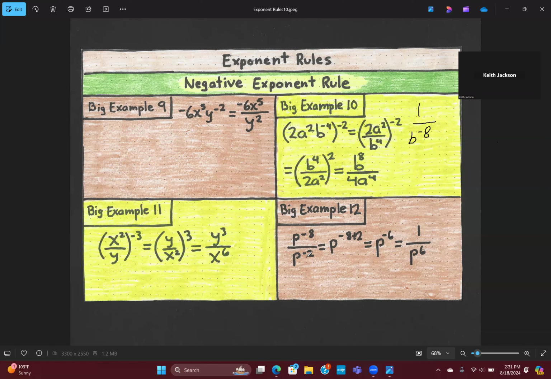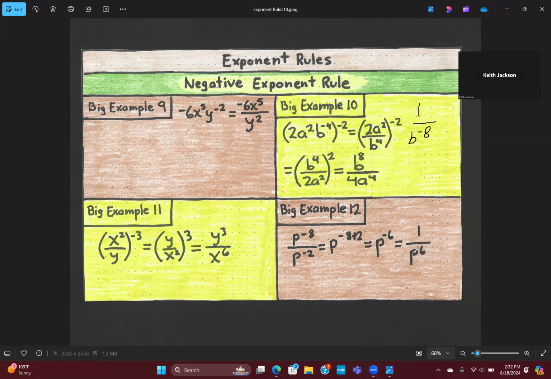And so in this case, because it is negative down here, that means it's positive up here, and we can write it as p raised to the negative 8 power plus the second power, and that's going to give us p raised to the negative 6 power. And if it's raised to the negative 6 power, it automatically goes down in the denominator in a positive way, 1 over p raised to the 6th power.